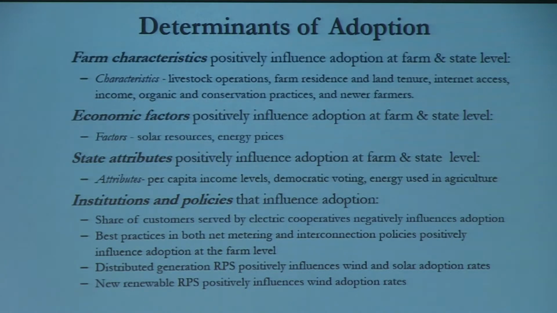In terms of economic factors, we see that solar resources and energy prices have a positive influence on adoption at the farm and state level. And for state attributes, per capita income levels for the state, democratic voting, and energy used in general in agriculture in that state has a positive impact as well.